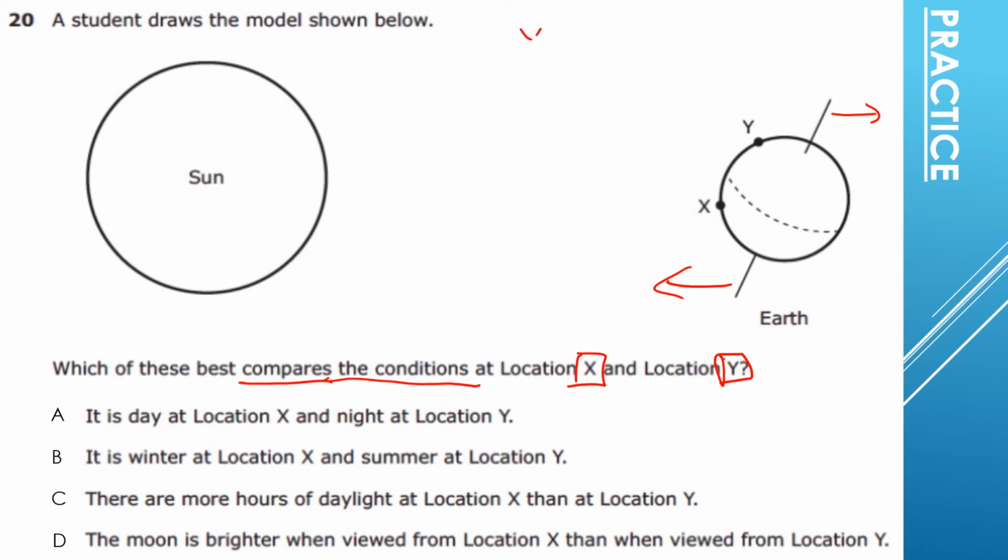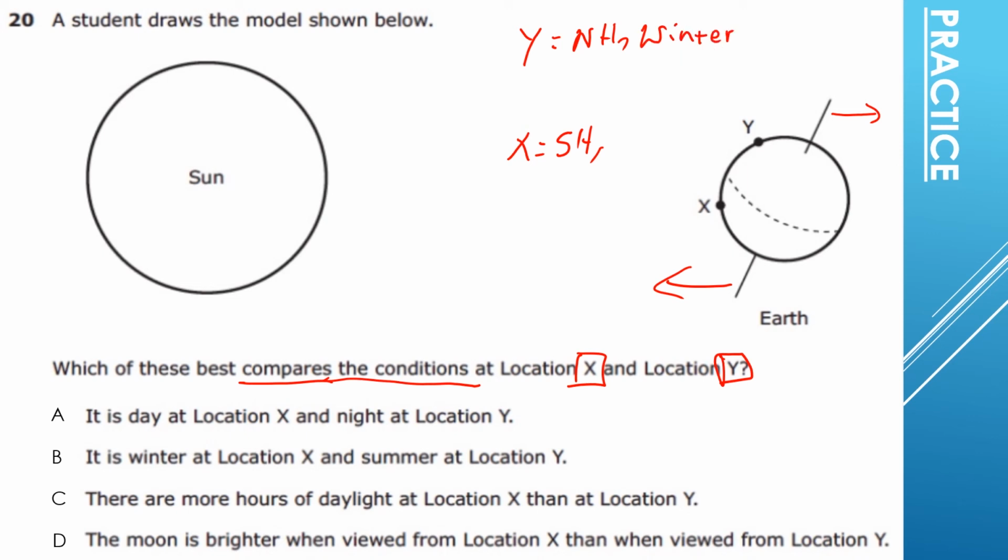Location Y is in the northern hemisphere. Location X is in the southern hemisphere. So let's see what else we can figure out. It's not at the equator. They're pretty far off. So location Y, because it's facing away, would be in winter.